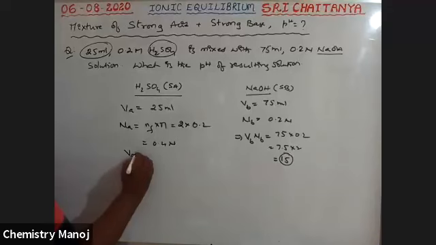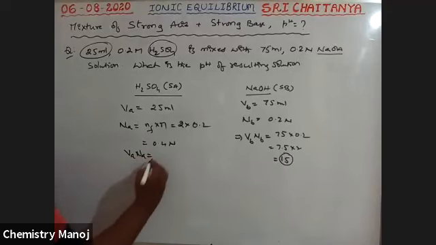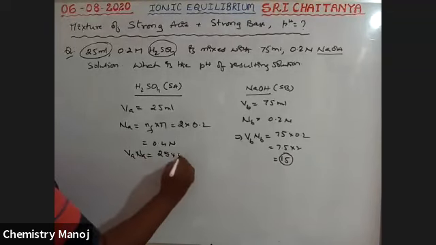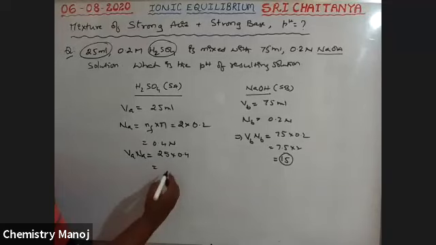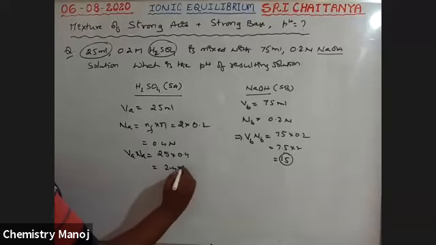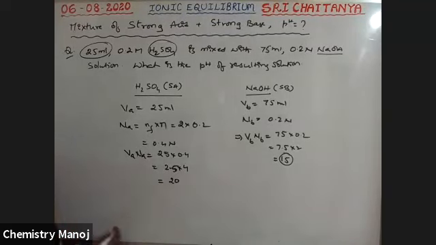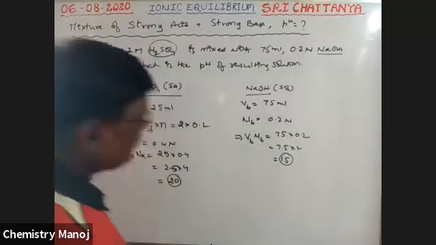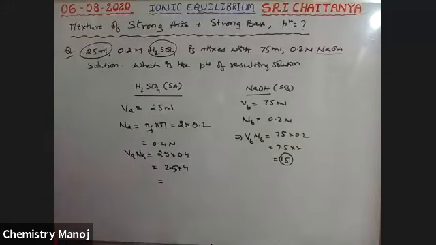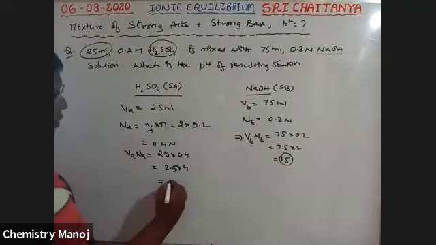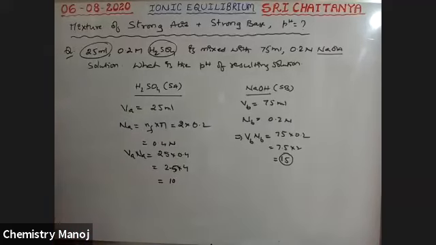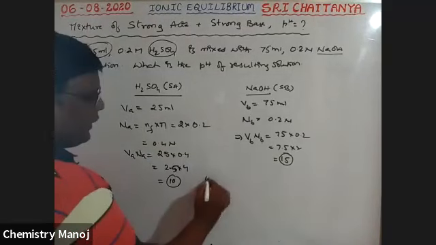Now, VA NA is equal to 25 into 0.4. Sorry, 2.5 into 4 means 10.